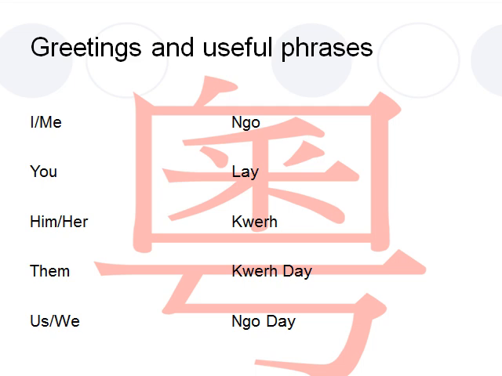Now, when you're referring to you, you would say 你. If you're referring to him or her, we would say 佢.